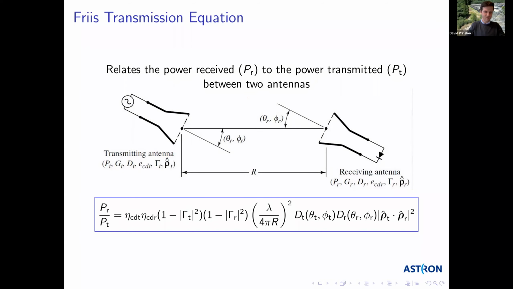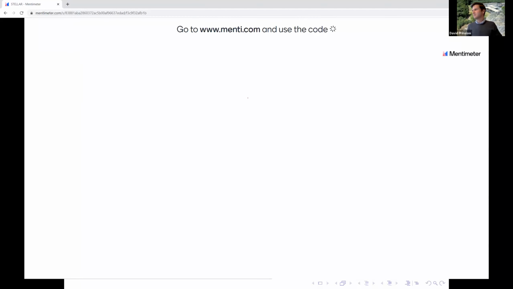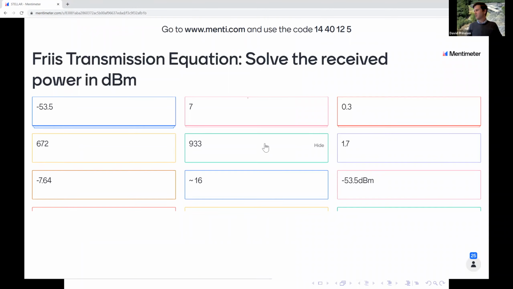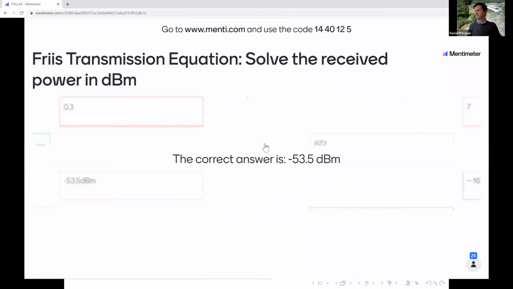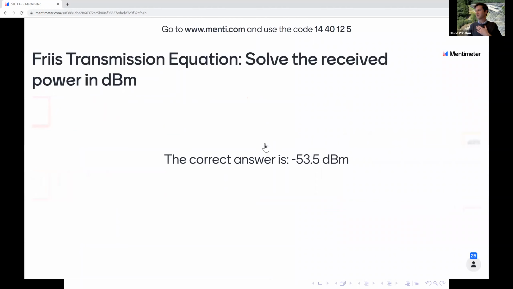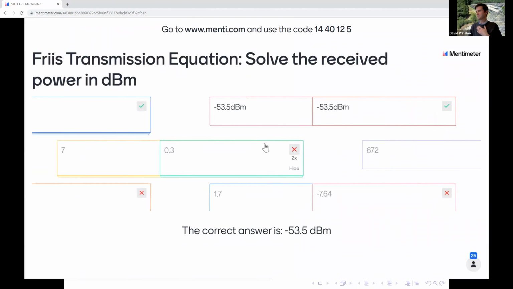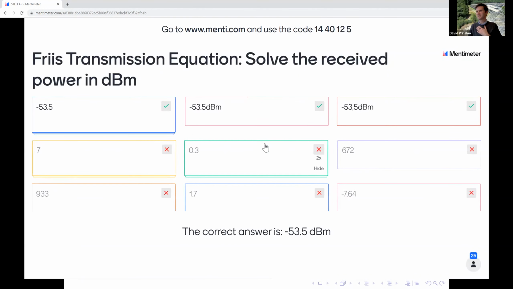But let's have a look at the results. So I see we have quite a number of different answers. Yeah, we had people saying minus 35.5, correct. You could have said this in various other ways.